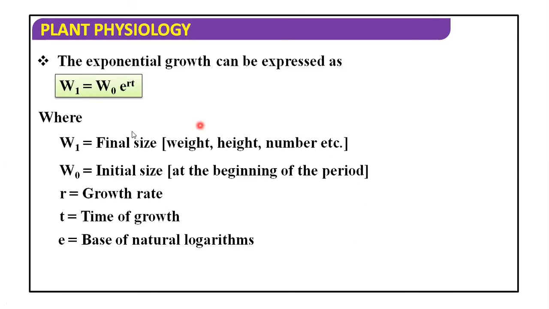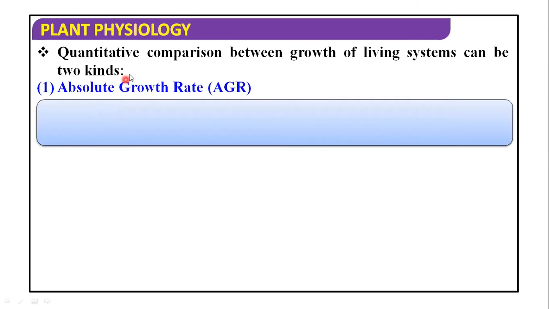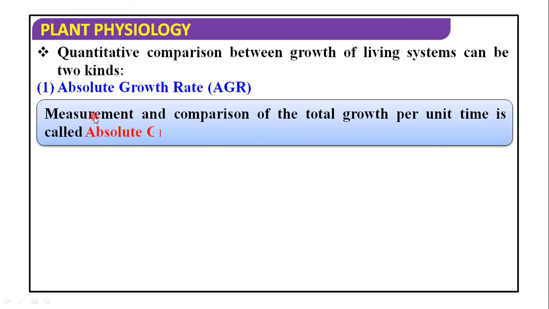Now finally, this W1 and W0, this W1 is known as the final size. Now, quantitative comparison between growth of living systems can be of two kinds. Absolute growth rate, AGR, that is, measurement and comparison of the total growth per unit time is termed as absolute growth rate.